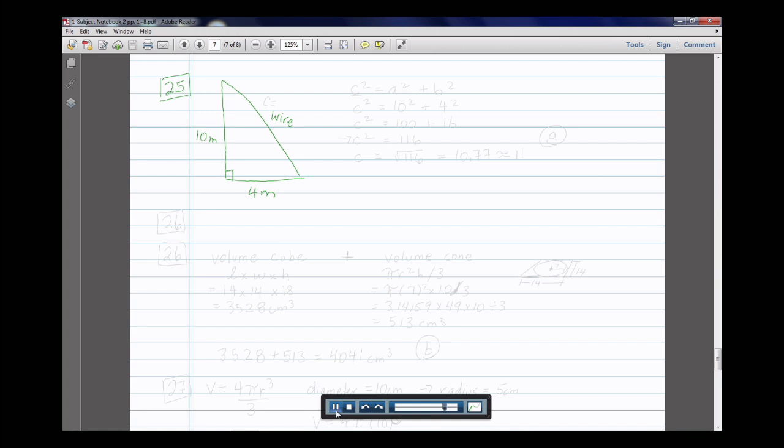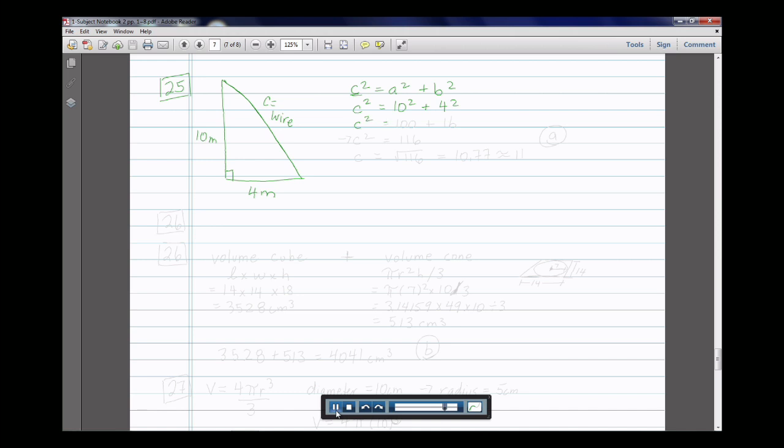Now what you need to recognize here is that you're going to use the Pythagorean theorem, and that the wire represents the hypotenuse. The Pythagorean theorem is c squared equals a squared plus b squared, where c squared is always the hypotenuse. So you put the c squared in, and it doesn't matter which one you put in for a or b.